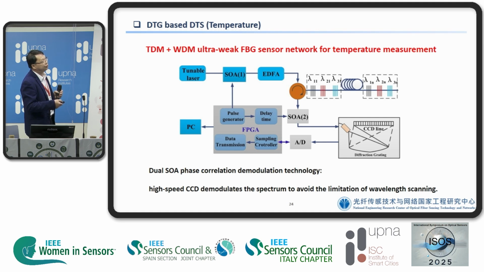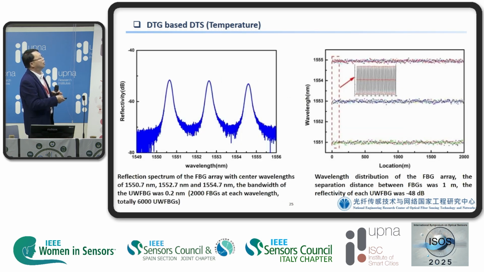All have the same wavelengths, but spatially they are different. We can use time domain reflected signal, and then we can make different wavelengths from area to area.